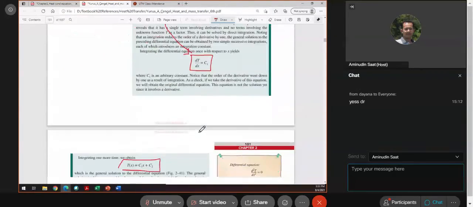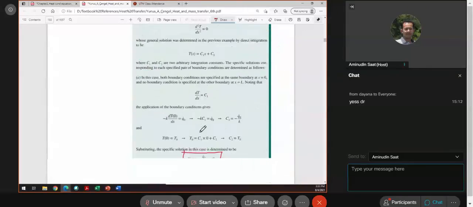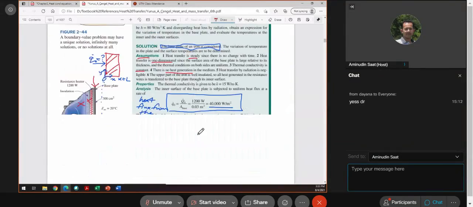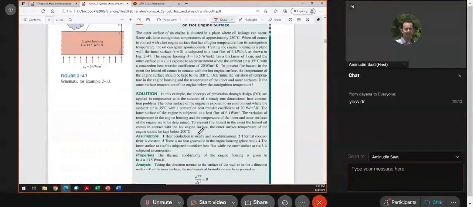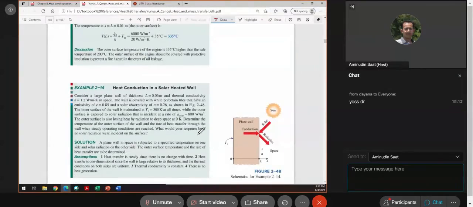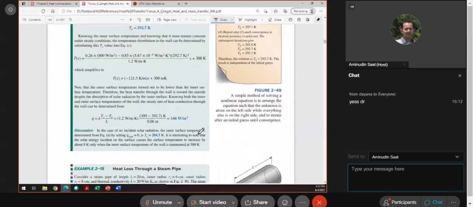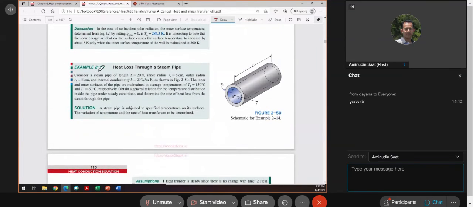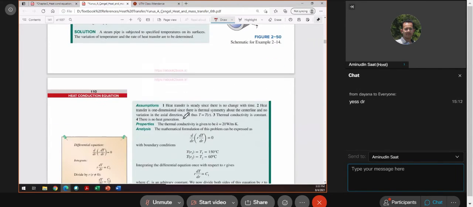I don't show any example of cylindrical and spherical, but if you want to see an example of the cylinder, I think example 2-15, yeah, this one, is about the cylindrical coordinate.